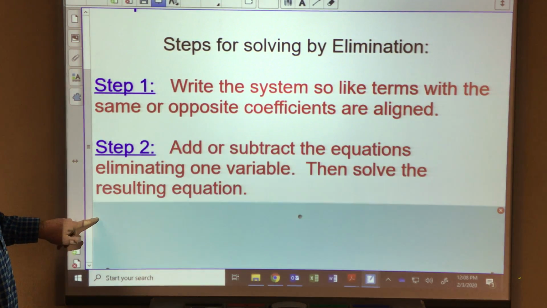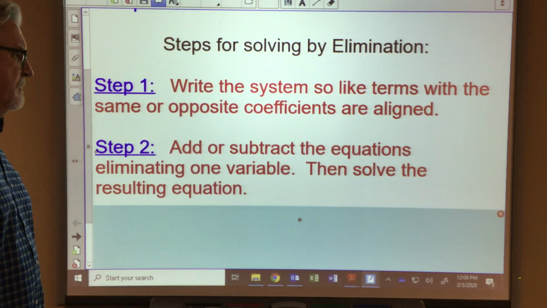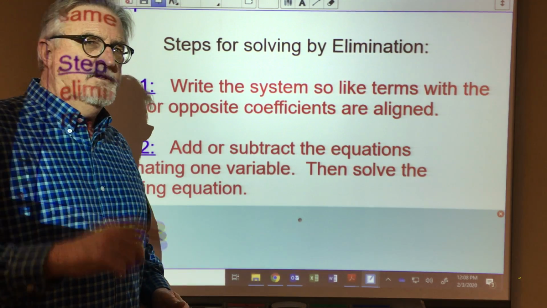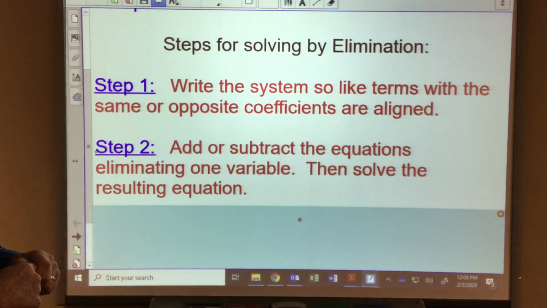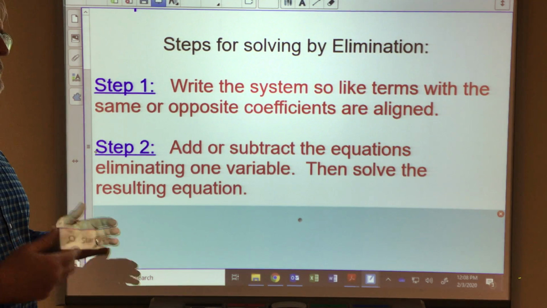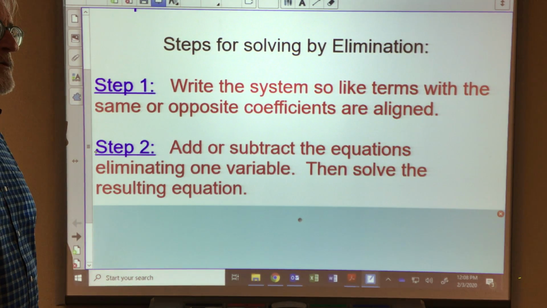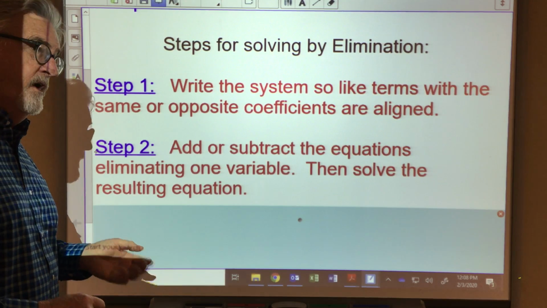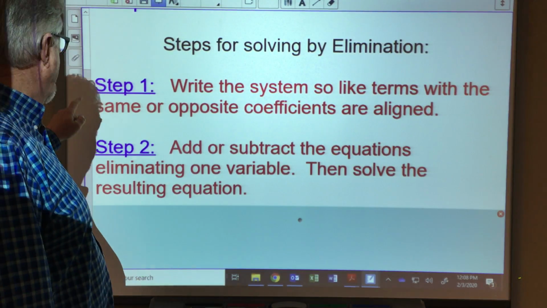The second step is to add or subtract the equations, eliminating, there's that elimination, eliminating one variable. And then we'll solve the resulting equation. And when we do that, we'll either have the value of x or we'll have the value of y.